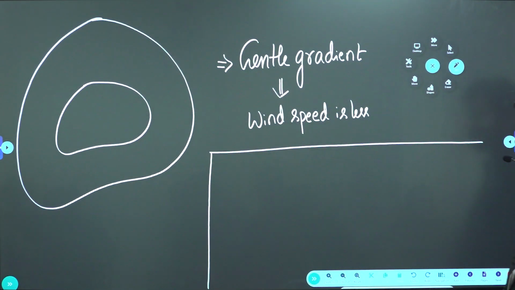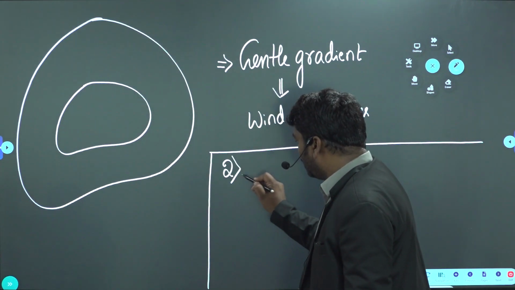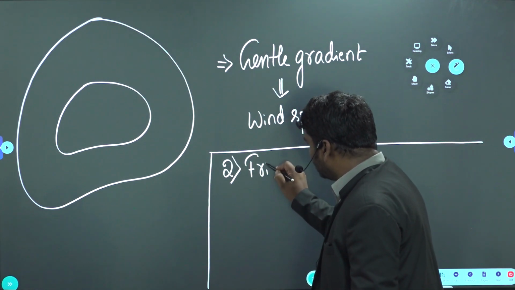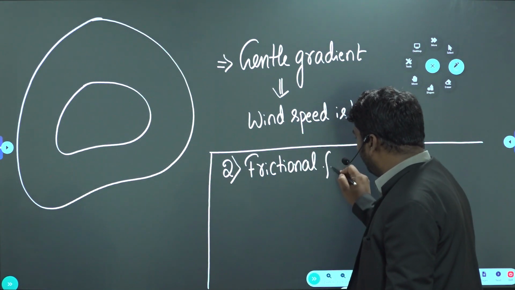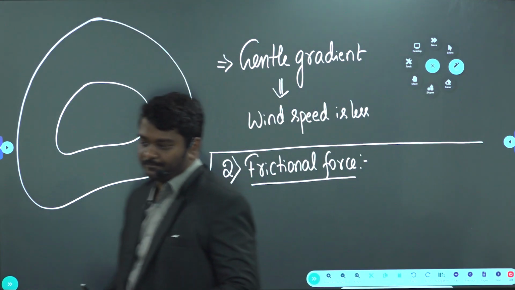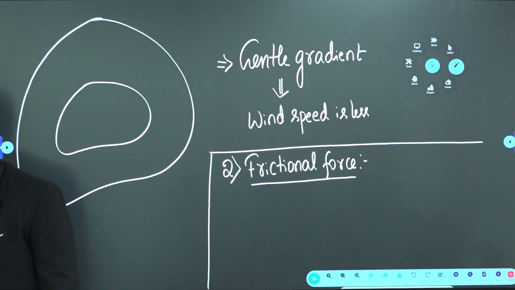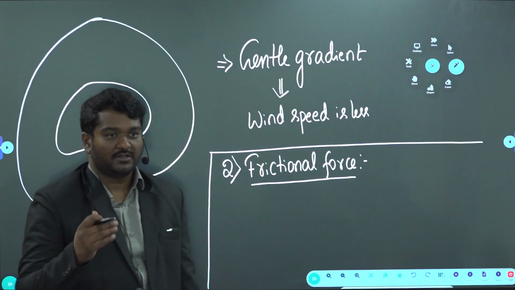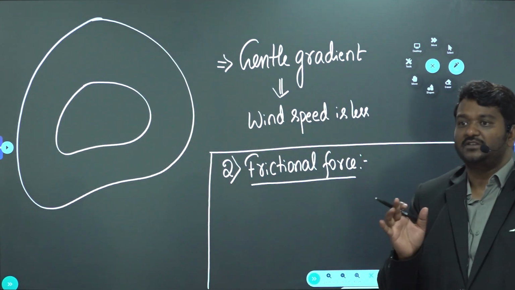Which is the second one? The second force is frictional force. Which hemisphere is frictional force more? Which hemisphere is it less? Northern hemisphere it will be more, southern hemisphere it will be less. What is the reason?